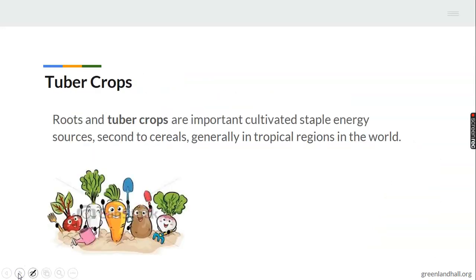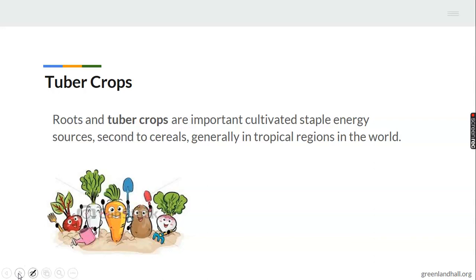Then we move over now to tuber crops. Alright, tuber crops. Roots and tuber crops are important cultivated staple energy sources, second to cereals.